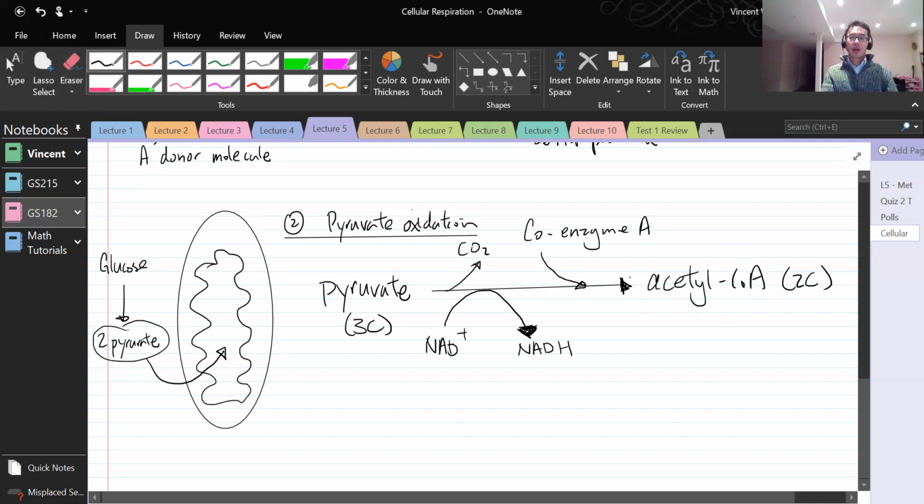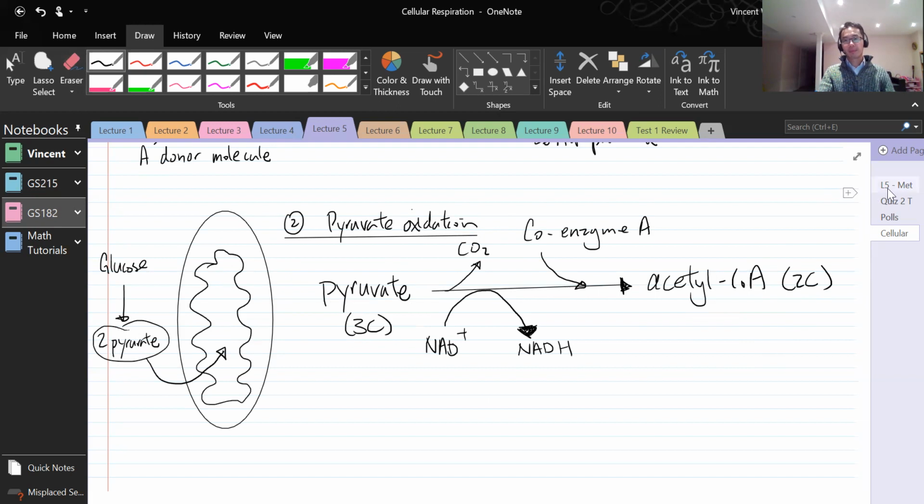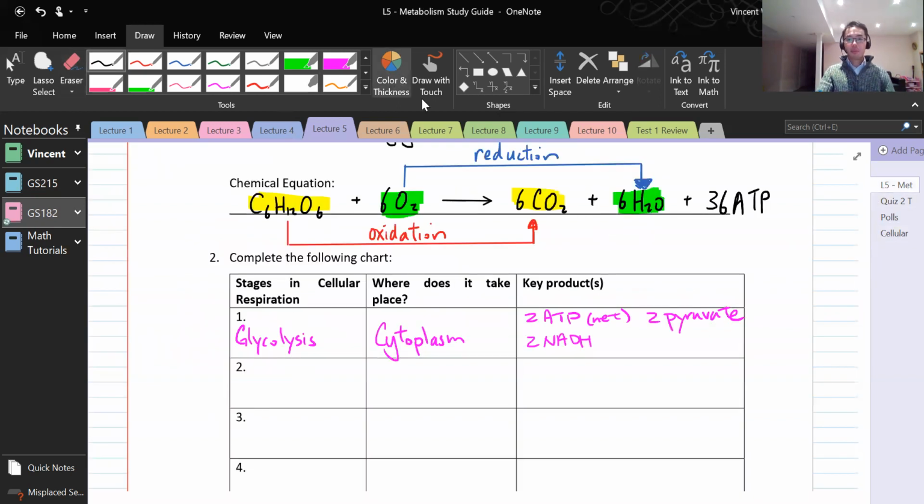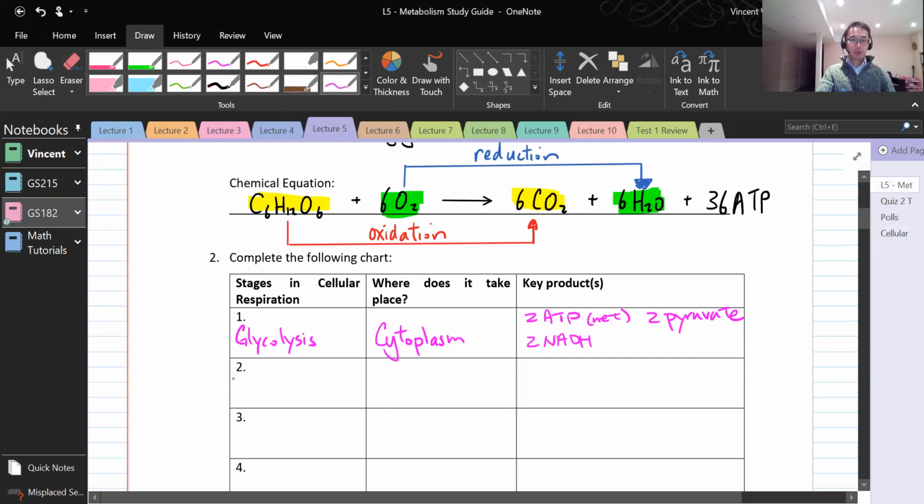All right. So how many times does this reaction take place for every glucose that we metabolize? 2 times is correct. Remember, each glucose produces 2 pyruvate, so each pyruvate will undergo this 1 time. So step number 2, pyruvate oxidation.